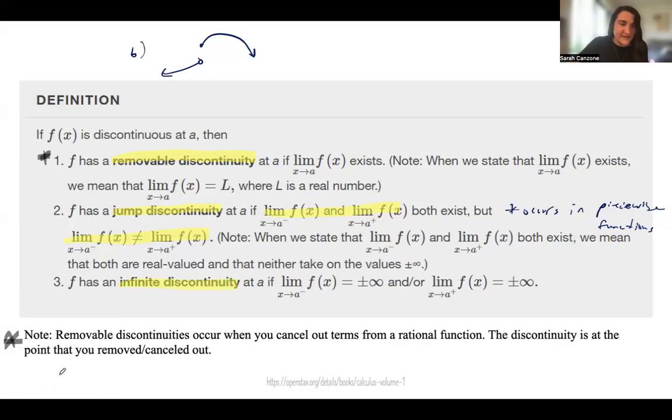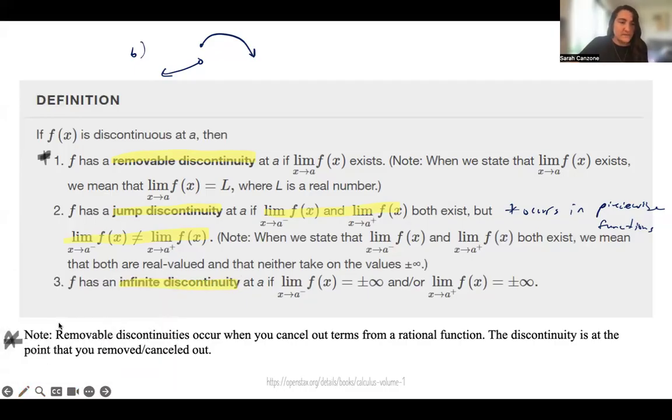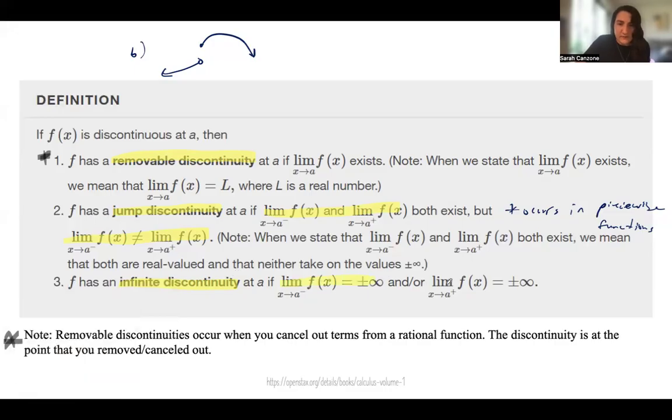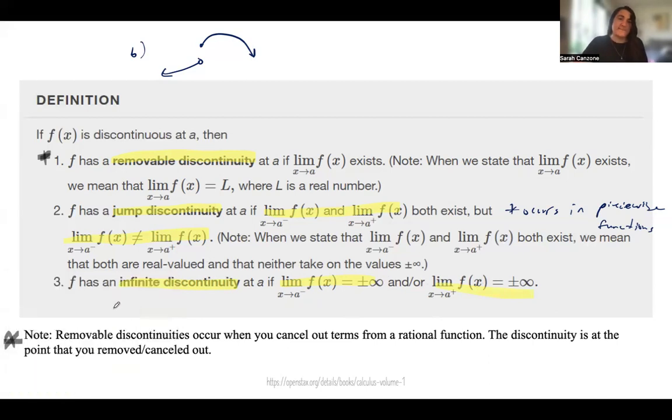Infinite discontinuity is going to be when you're looking at a vertical asymptote. So you have some sort of infinity here. Either positive or negative infinity going from the left or from the right. You're also going to have that when you're looking at the limit going to a point.